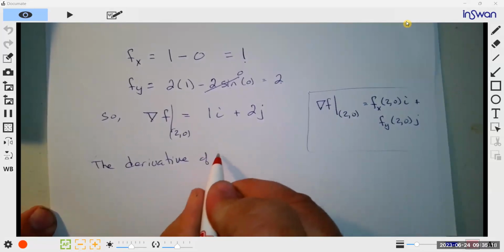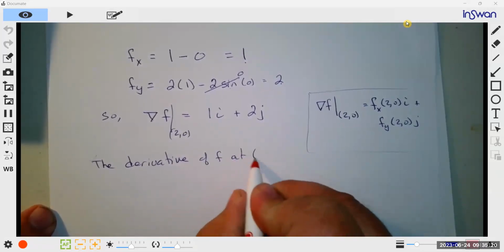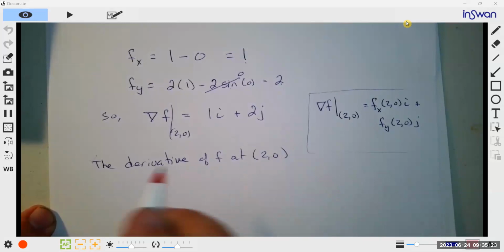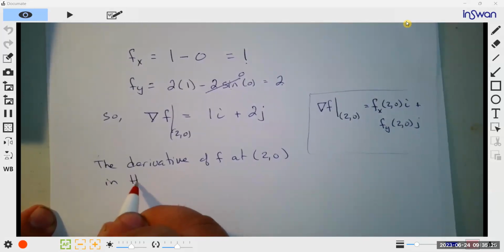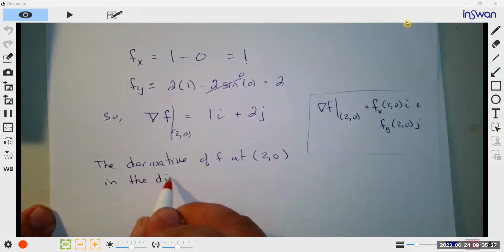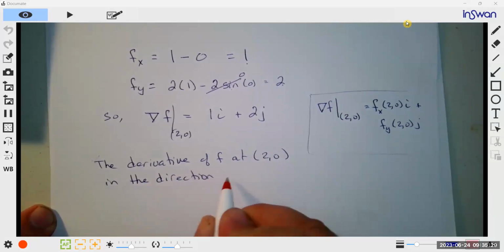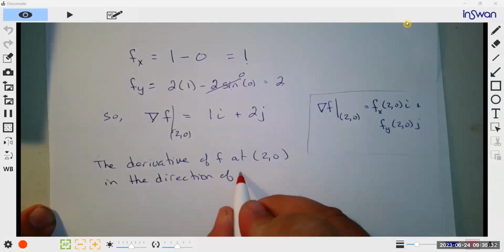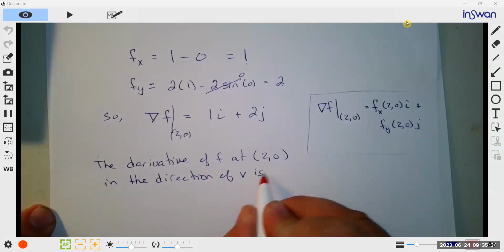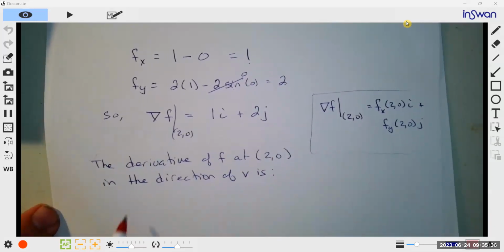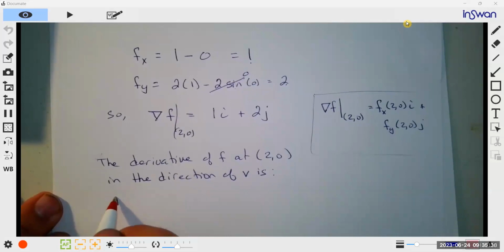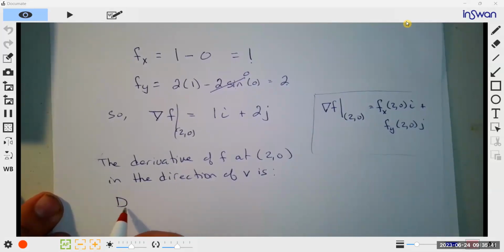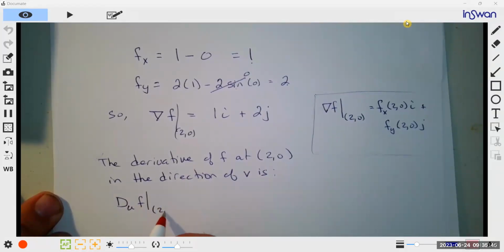The derivative of f at our initial point 2, 0 in the direction of v is, remember, we have to take it with respect to u.